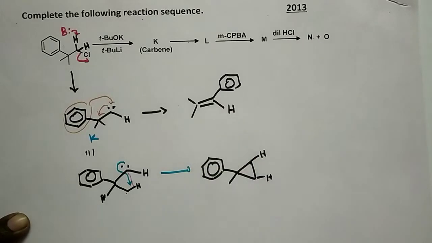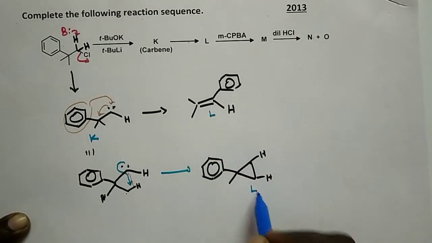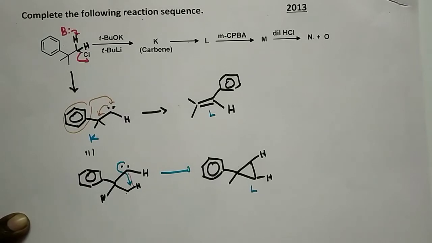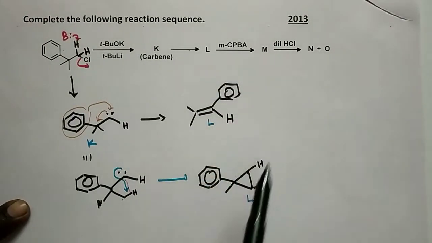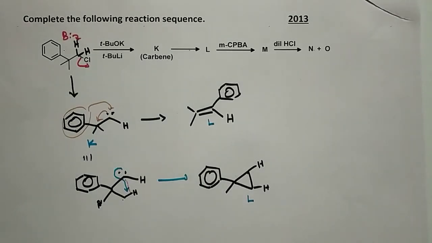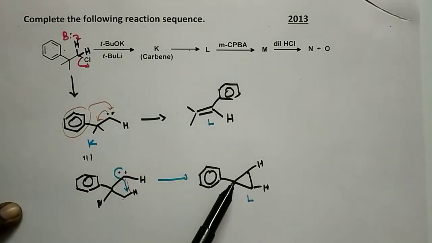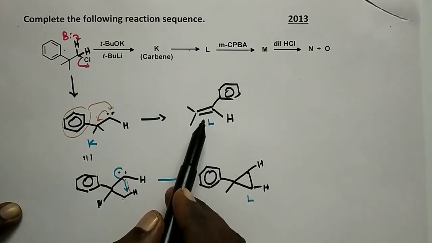But which one is right? Let me assume that this is L and this is also L, but if I look at the next step, it is treatment with MCPBA. MCPBA is an oxidizing agent: epoxidation, Baeyer-Villiger rearrangement, whatever. But if you look at these two compounds, MCPBA will not react with this. There is more chance to react with this olefin.